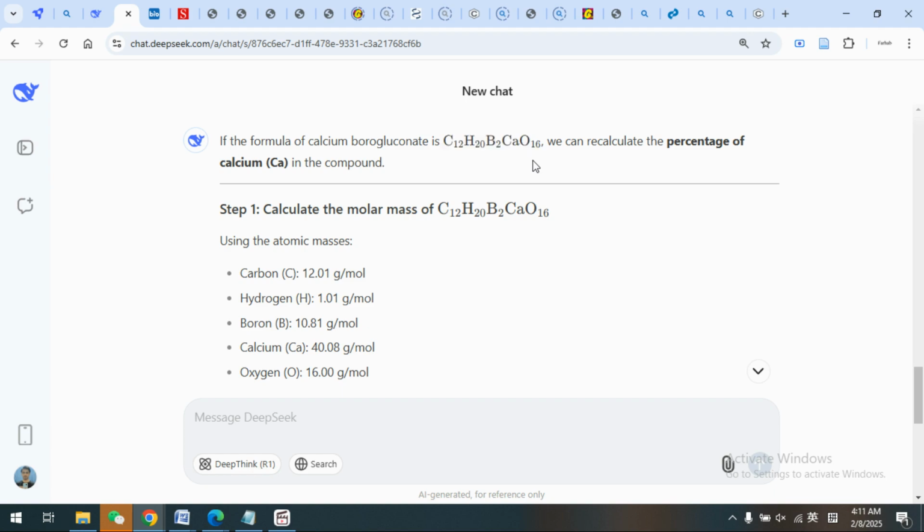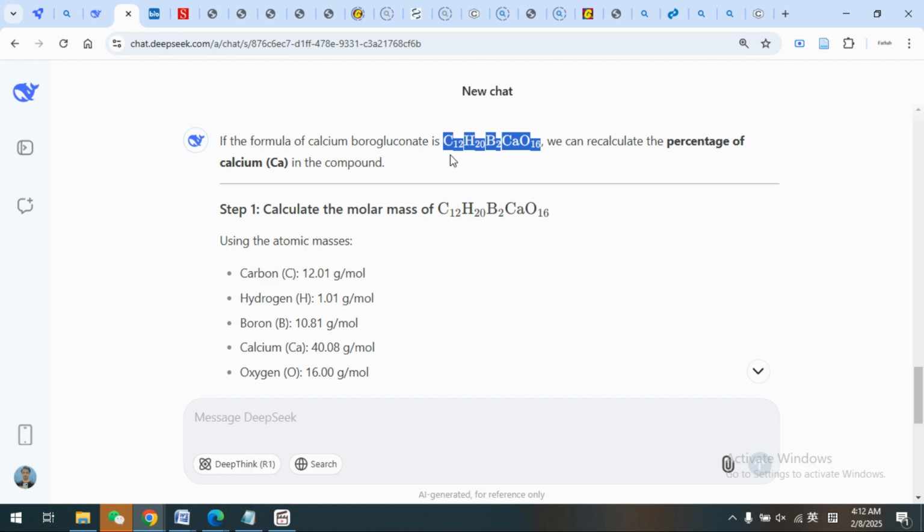We will calculate this, for example, carbon is 12. There are 12 atoms of carbon in this compound, so we will multiply 12 with 12, as the atomic mass of carbon is also 12, meaning that in this compound 12 times Avogadro's number of atoms are present.